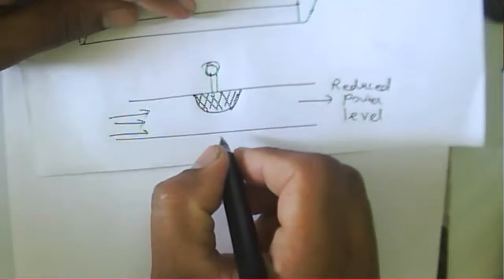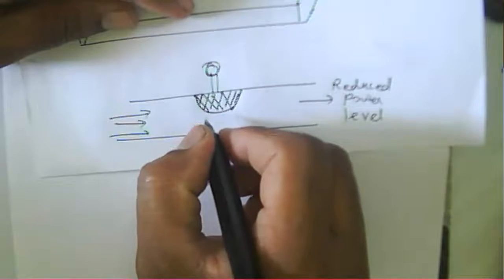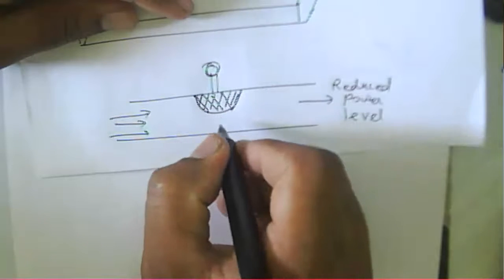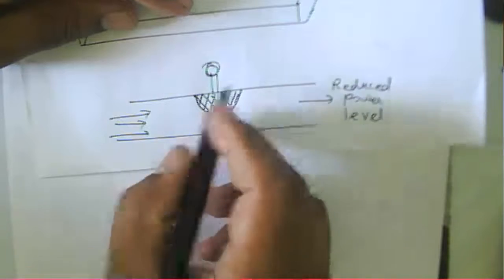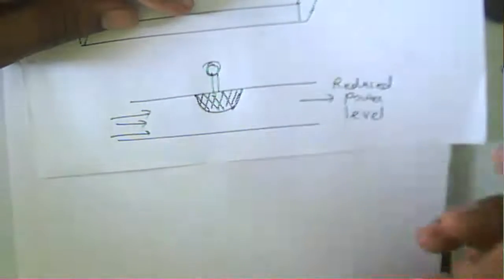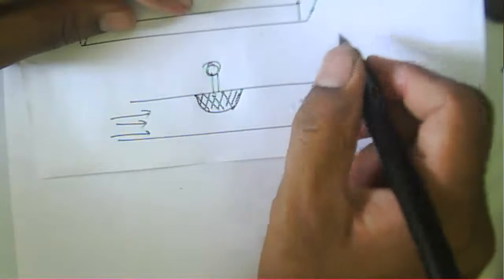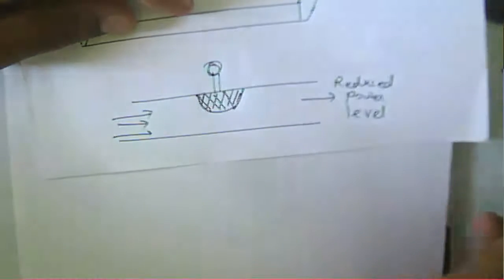So there are types of attenuator: we can use a fixed attenuator or a variable attenuator. But in a microwave bench, we use a variable attenuator, because at the end we are expecting one particular power level. If the power level is higher, your other components may be damaged.